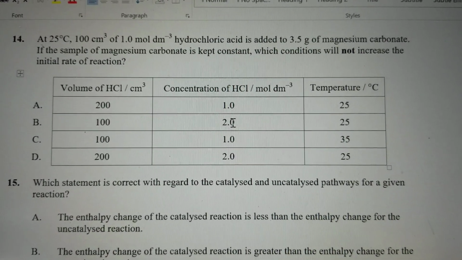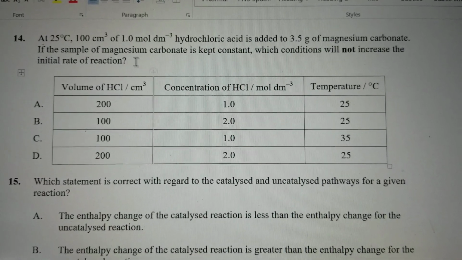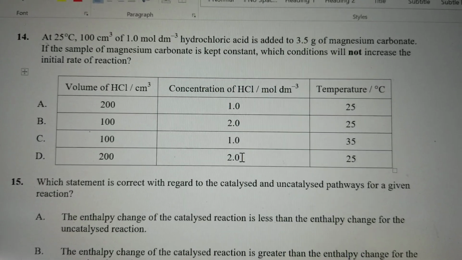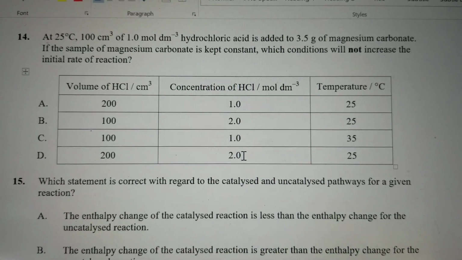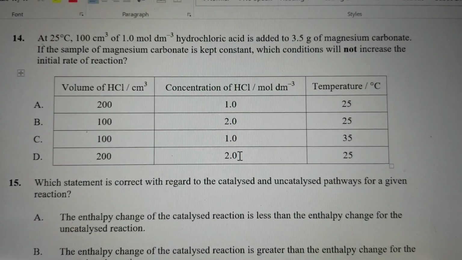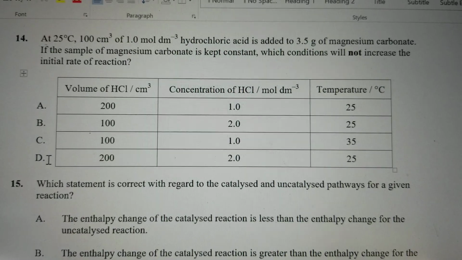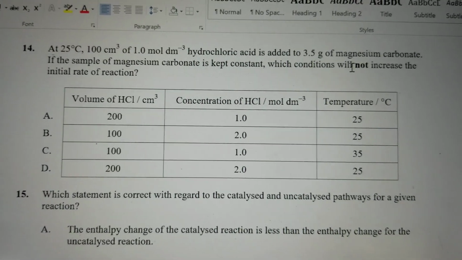If you look at B and D, both of those made the concentration go from 1.0 to 2.0. Doubling the concentration, which means the strength of that acid, is definitely going to increase the rate of reaction. So we can rule out B and D, because we're looking for the one that's not going to increase the rate of reaction.